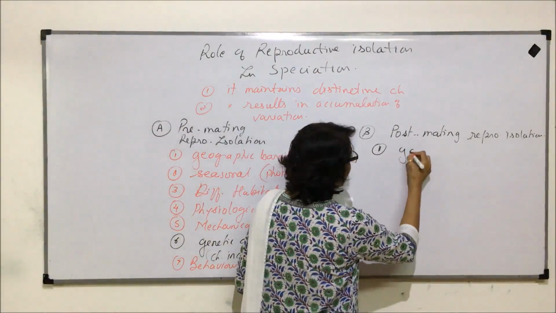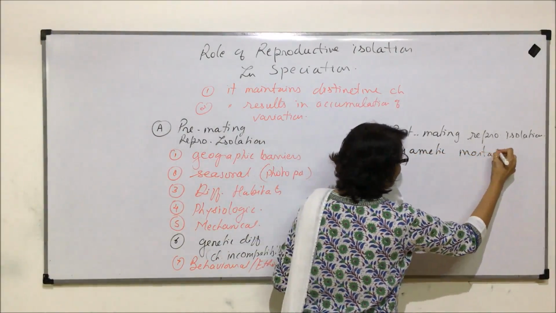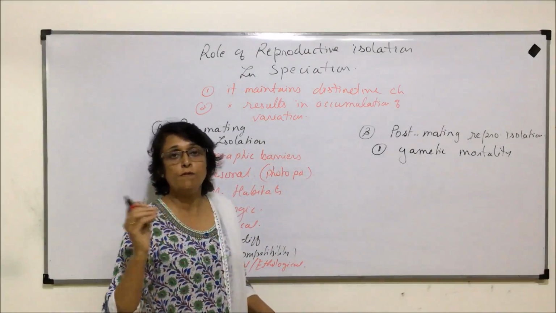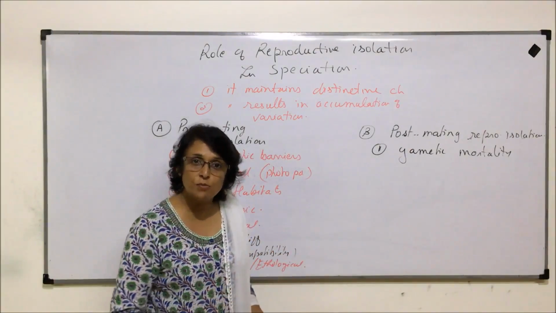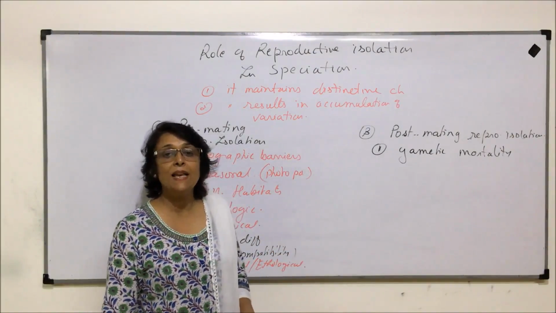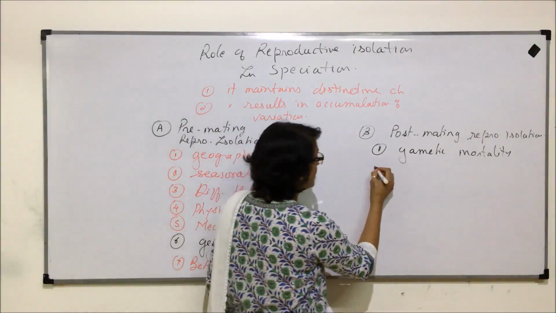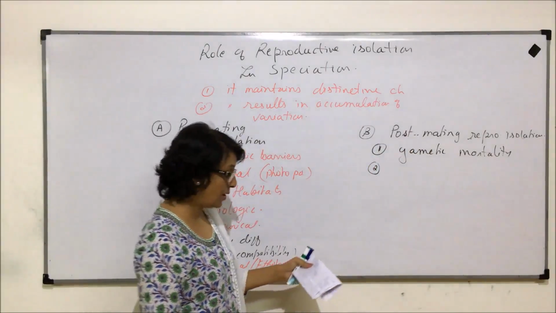It could be gametic mortality. That means if the male gamete of one species enters into the body of the female of another species, then the male gamete might not even survive there. So that can result in this barrier, reproductive isolation.